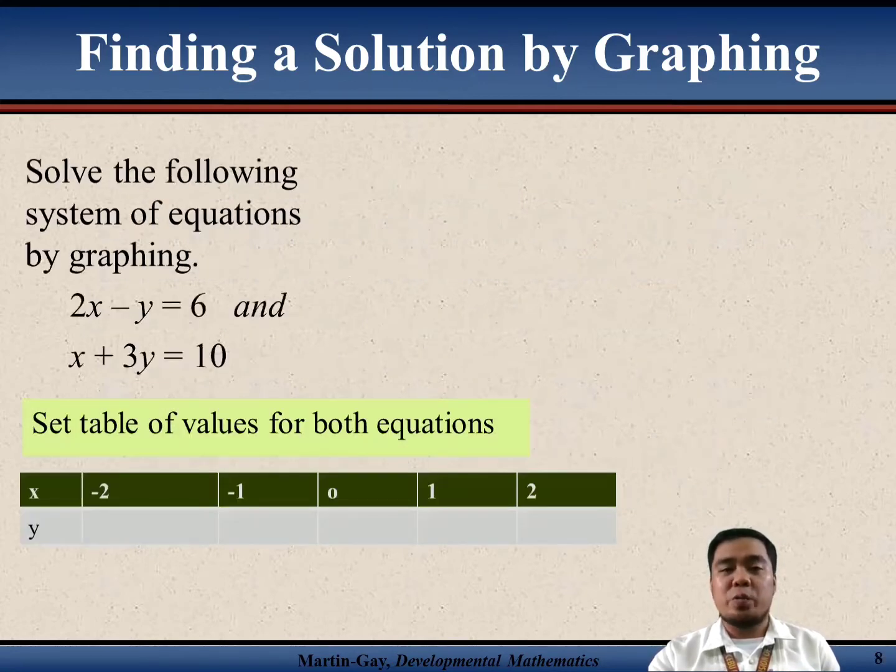Now let us recall, or please be reminded, that in order for us to graph a linear equation, it is very important to set a table of values. Any values of x will be used to determine the values of y using the equations given.